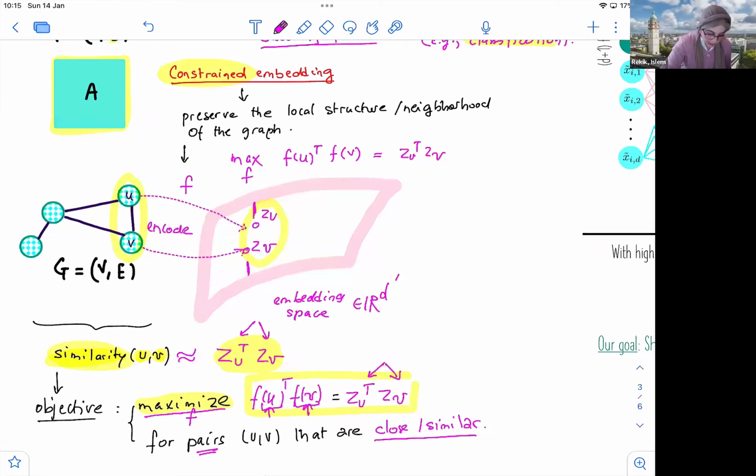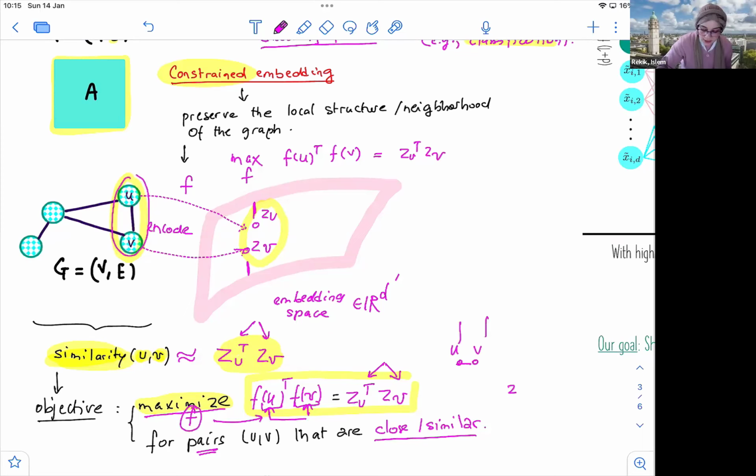So if two samples are actually similar, we want to maximize their similarity in the embedding space. So whatever F we are going to learn, the learnable F should allow us to maximize the similarity between them.